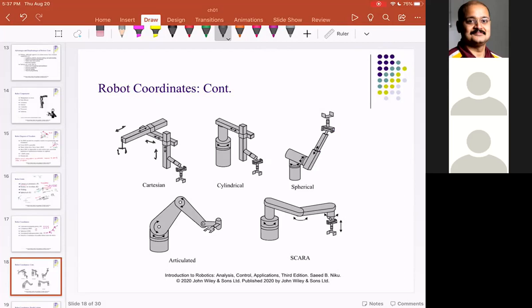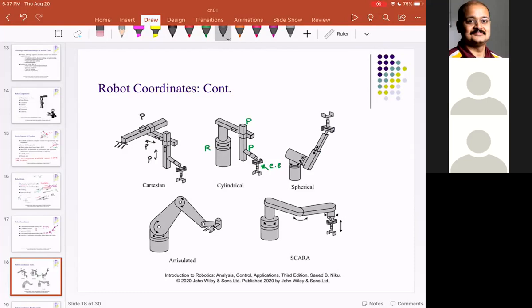Then you could have a cylindrical robot. Actually, I made a mistake here. This is revolute, this is prismatic, and this is the end effector. So this is the base. For the Cartesian robot, this is the first prismatic joint, second prismatic joint, and third prismatic joint.